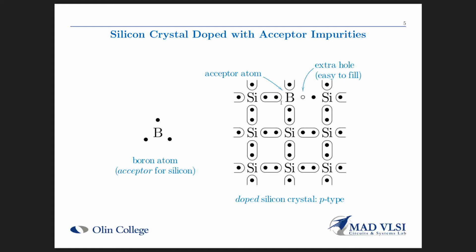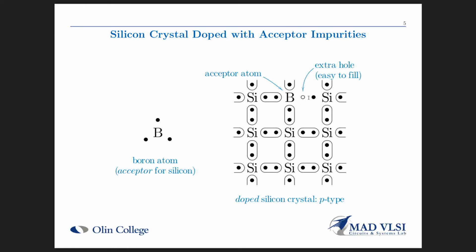So this boron atom, which went in charge neutral, has 3 valence electrons, and so those 3 valence electrons will participate in 3 of the 4 covalent bonds that the silicon atom that it displaced had taken part in. And that extra vacancy is basically a hole.